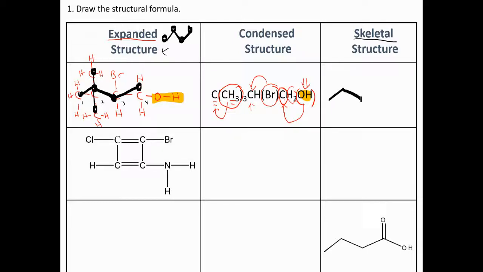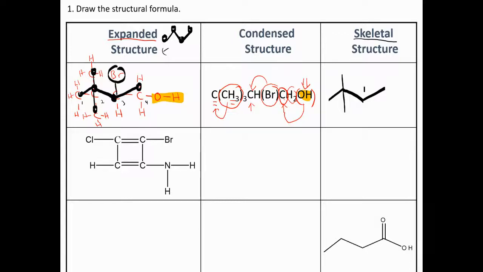I just draw back the shape first. 1, 2, 3, 4. 1, 2, 3, 4. Done. And then here we have one straight line. Although it's a straight line, actually here it refers to CH3, but because it is a skeletal structure, we do not show carbon and hydrogen.